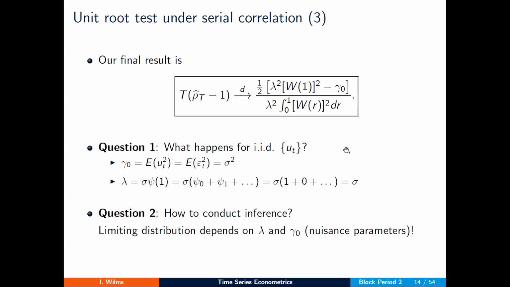So we cannot directly simulate from this limiting distribution. So we have a problem if we use this as the test statistic, we cannot simulate from its limiting distribution. But would the same problem pop up when we work with the regular t statistic? Well, let's study that in the next video.